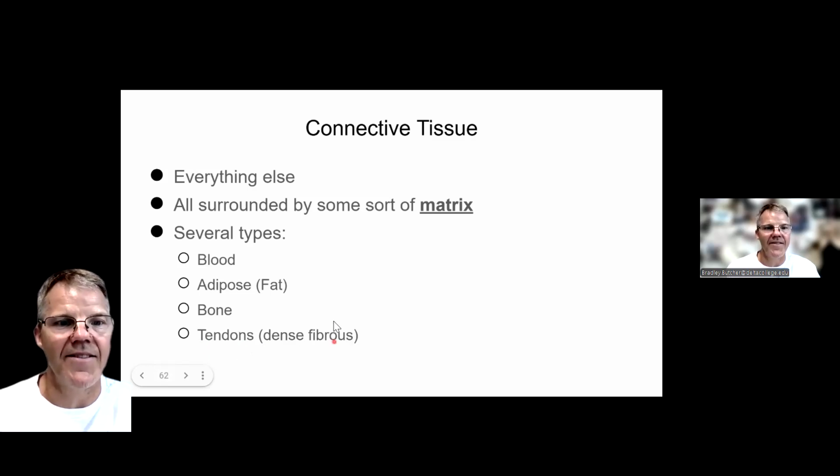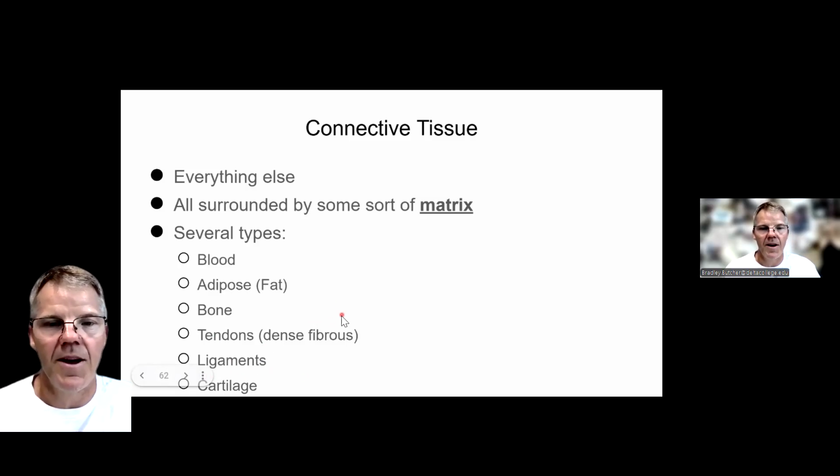Tendons, these dense fibrous tissues, and ligaments are also connective tissue, along with several other things. We also talk about cartilage. That's near and dear to me. I've had the cartilage in my knee destroyed, and it doesn't grow back very well.